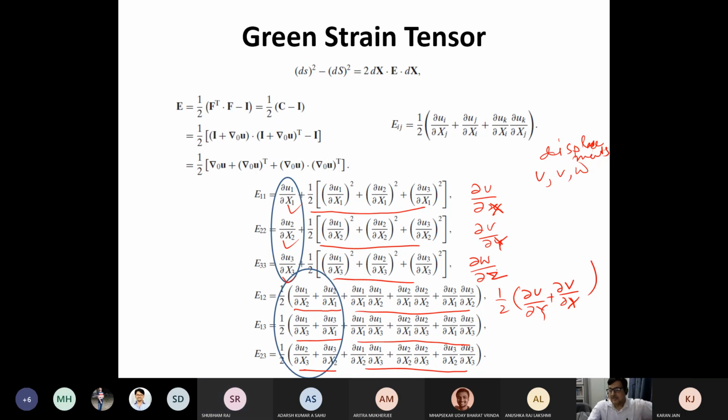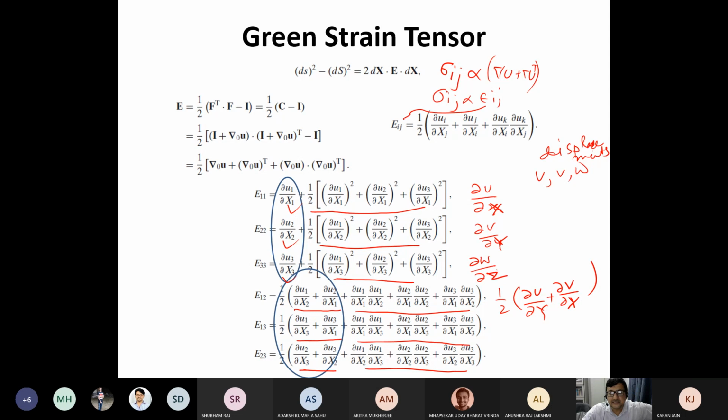Until now we were assuming that sigma ij is proportional to the gradient of u plus the gradient of u transpose, right? This is what we're assuming. So now if you look at this epsilon ij, the sigma ij I'm writing is proportional to epsilon ij, right?